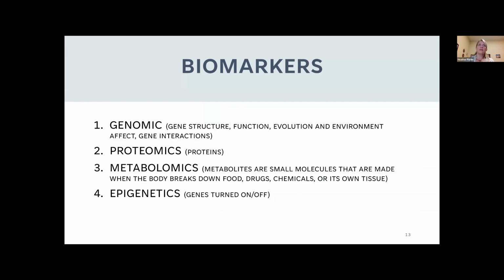So there were 4 groups of future testing that they're looking at. One was to continue ongoing gene testing, so looking at gene structure, the function of the genes, the evolution of how the genes are performing and the environmental effect, and then gene interactions.